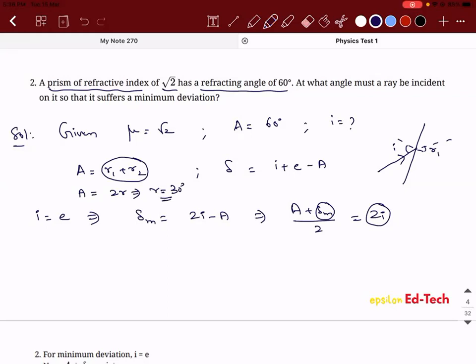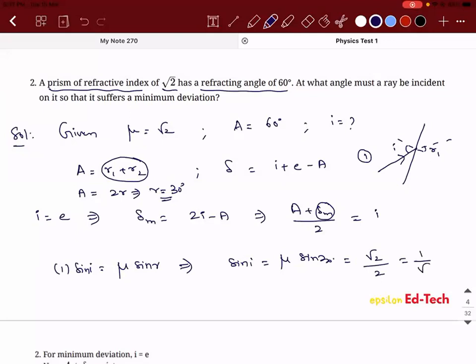So I can write 1 times sine I is equal to mu times sine R, which implies sine I is equal to mu into sine 30 degrees. Mu is root 2 and sine 30 is half, so you will get 1 by root 2. So sine I is equal to 1 by root 2. I will be equal to 45 degrees. So this is going to be the angle of incidence at which minimum deviation condition occurs.